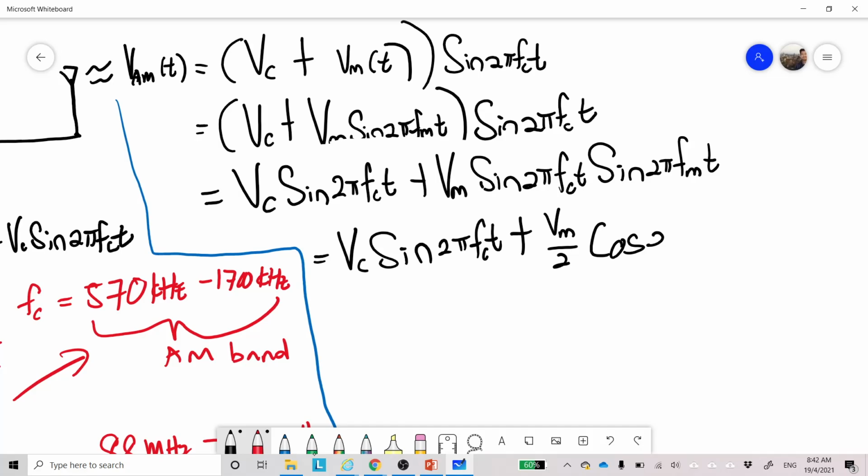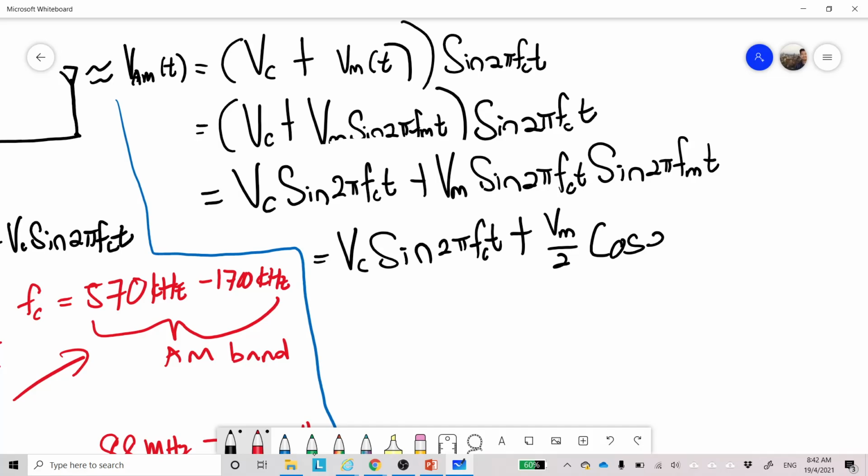When we want to give the labels, the highest peak is what we call Vmax, and the lowest peak here is what we call Vmin. Similarly for the negative side: here is negative Vmax, here is negative Vmin.